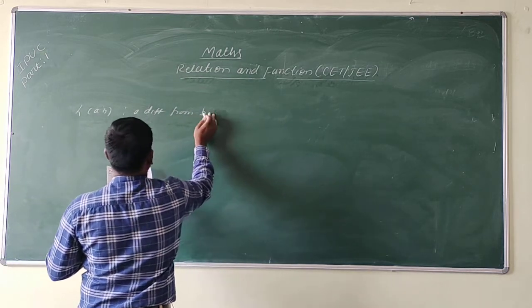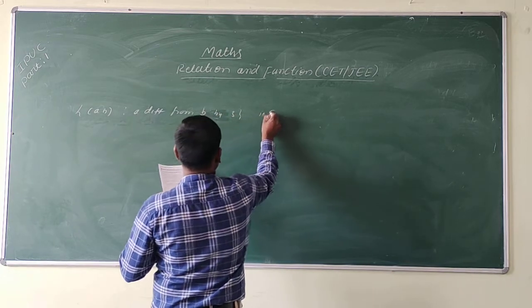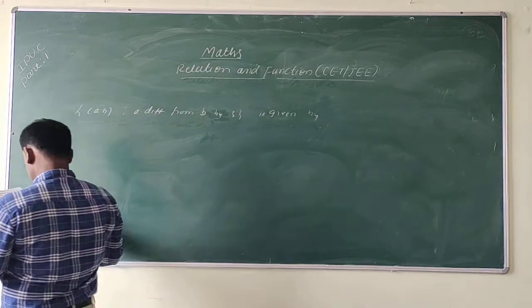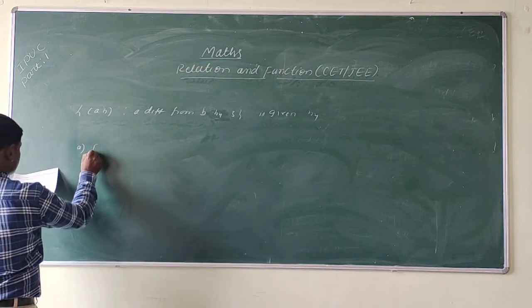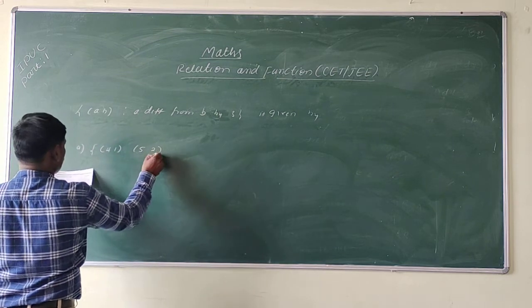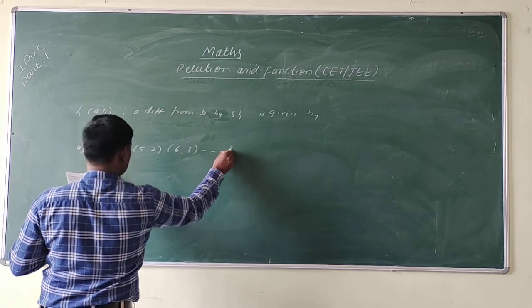R is given by which option? Option A is (4, 1), (5, 2), (6, 3) and so on.